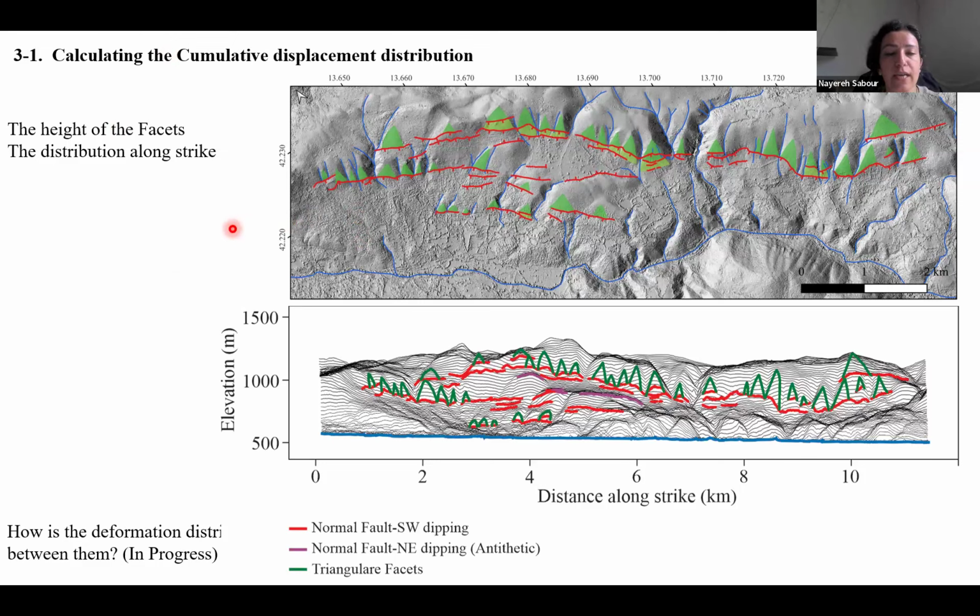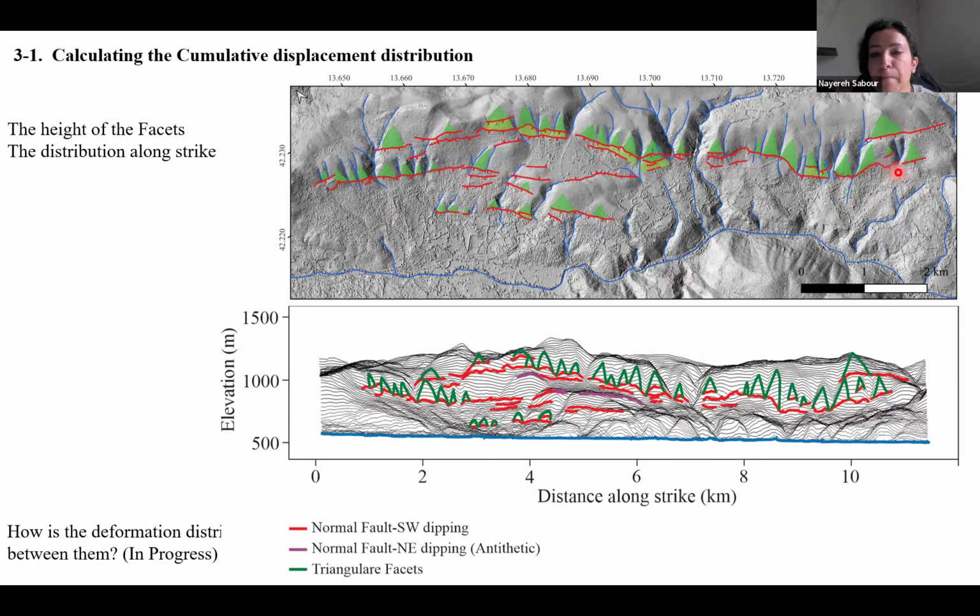And we know that the facet can keep the cumulative displacement over a large time frame, more than the other geomorphological features. So we focus on that, and we have a good distribution of facets along the strike of the fault.